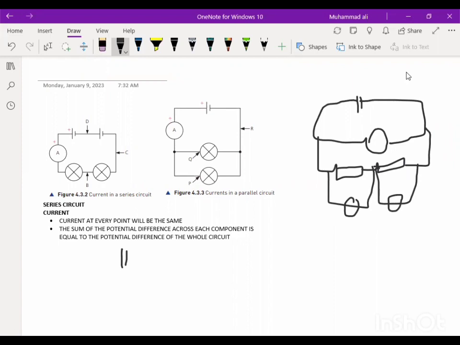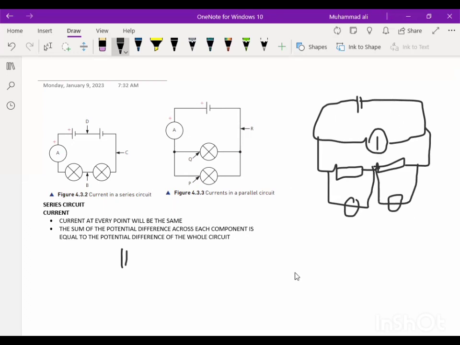So the idea here is that if we talk about the EMF of the source, see, voltmeter 1, what is it measuring? It is measuring the EMF of the source. Why is it measuring the EMF of the source? Because it's connected in parallel with the source, right?